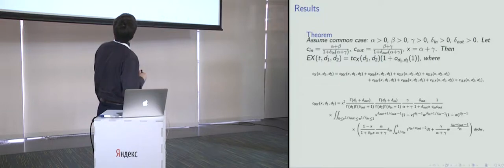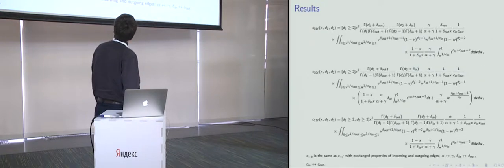For the common case, when every parameter is non-zero, it is proportional to the number of vertices and to the number of edges. And the coefficient of proportionality is a sum of 8 quantities that can be calculated using these exact formulas.